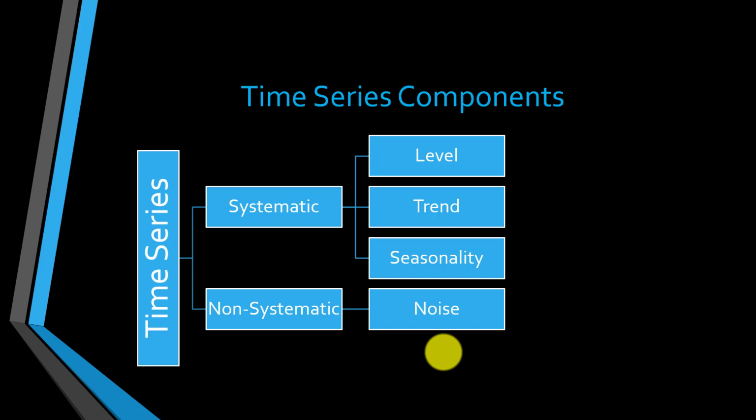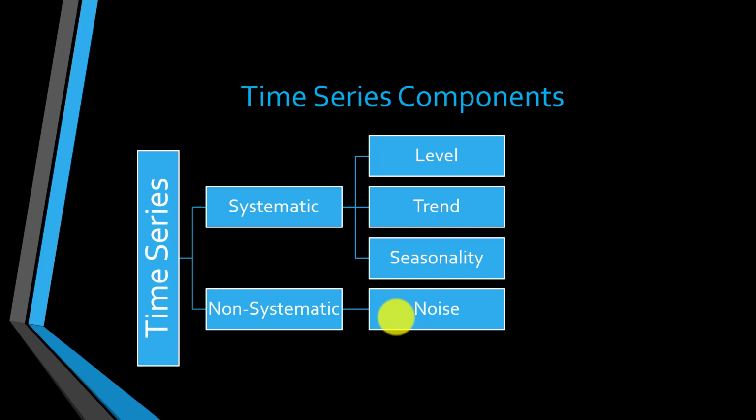Non-systematic components are those which are random in nature, and those cannot be modeled correctly. Systematic components are basically the level, the trend, and the seasonality of the time series. The non-systematic component is basically the noise of the time series, like the unusual values, the outliers of the time series.